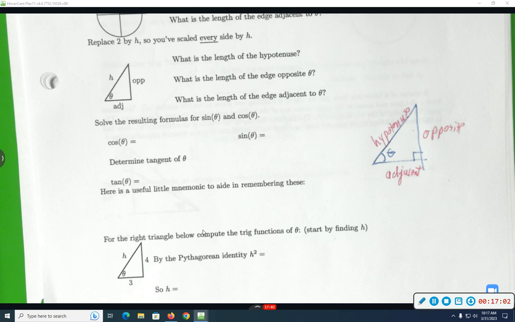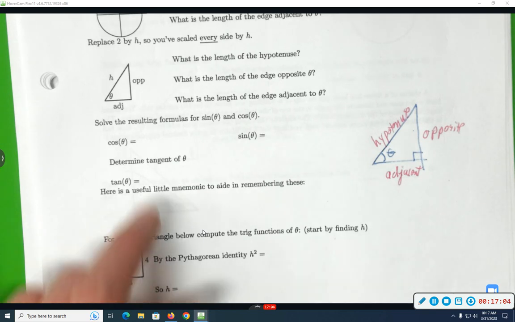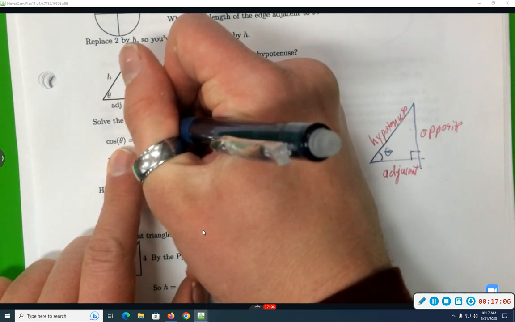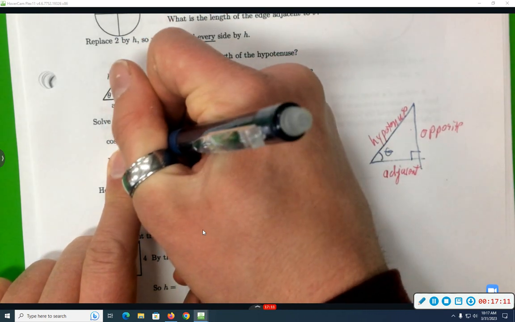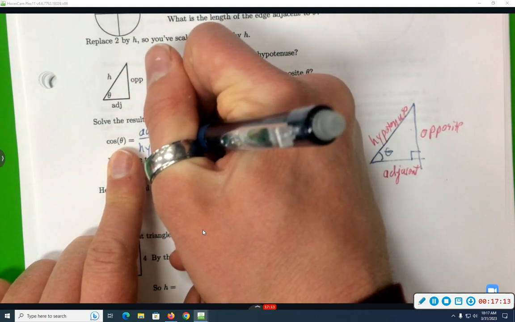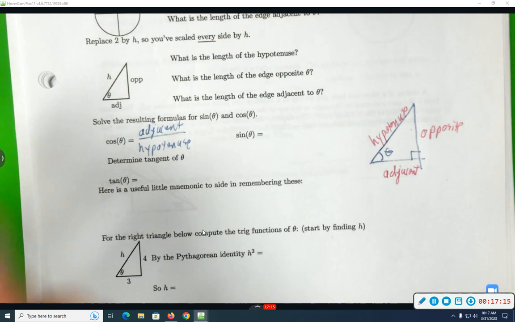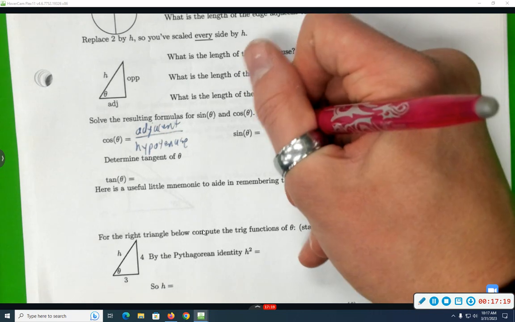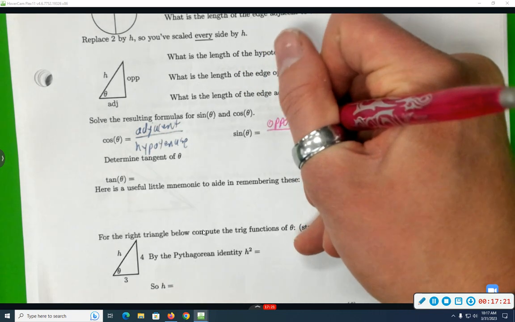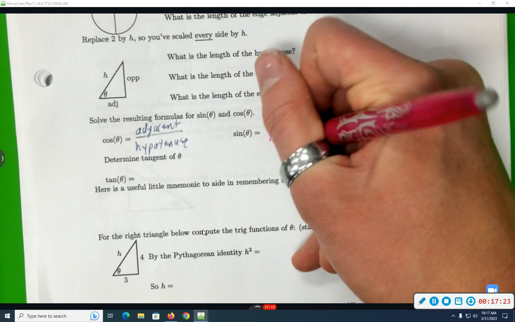The cosine of this angle recovers adjacent over hypotenuse. Sine of theta recovers opposite over hypotenuse.